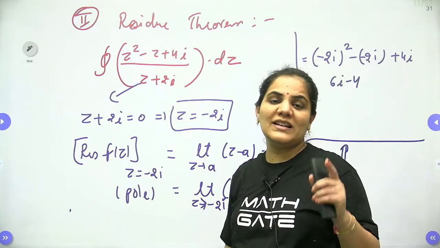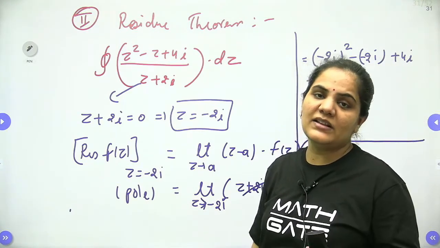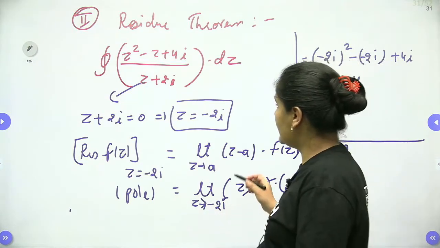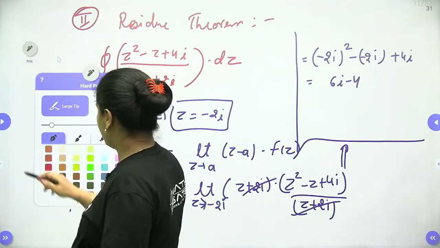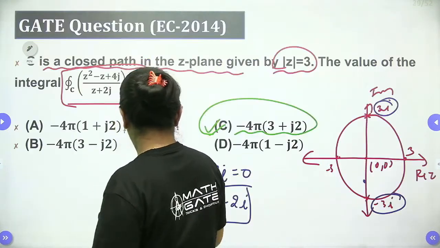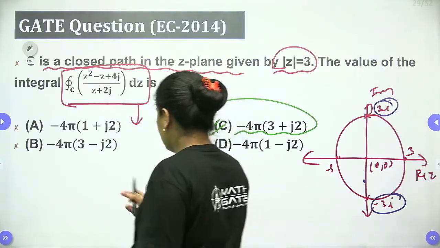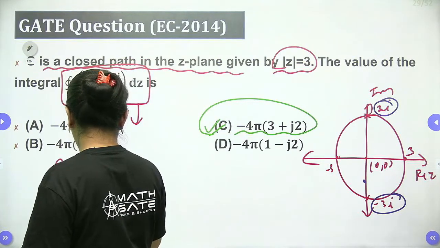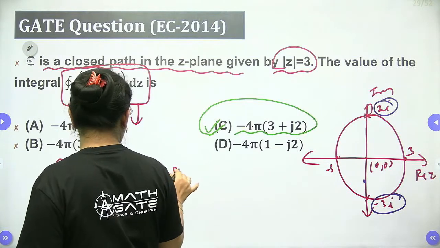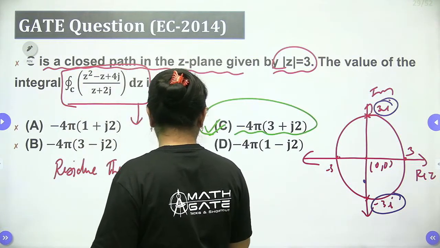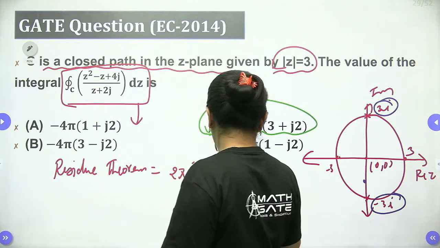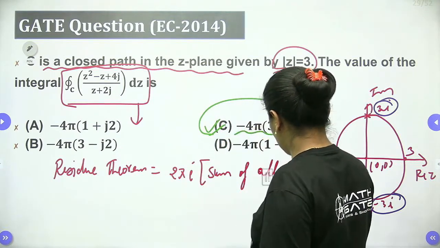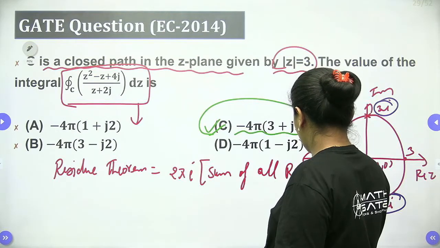We want to apply the residue theorem here. We know very well the residue theorem is nothing but 2 pi iota into the sum of all the residues, right? So when we have to find the integration with the help of the residue theorem, let me write down here only. The residue theorem is nothing but 2 pi iota into the sum of all the residues which lie inside the closed curve, right?